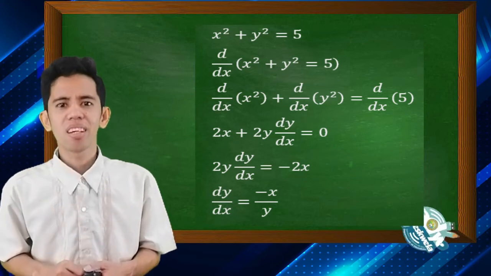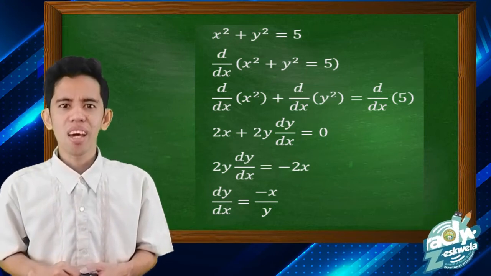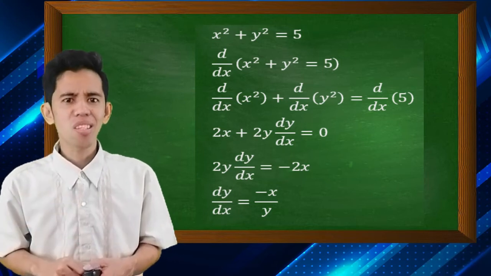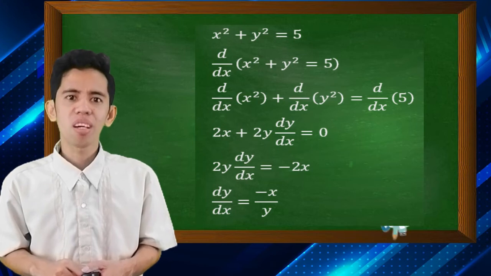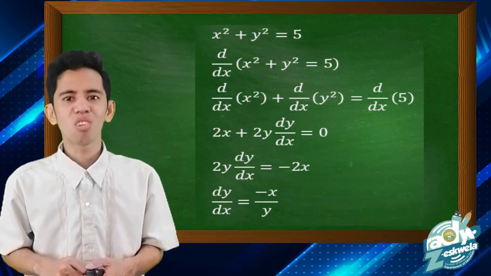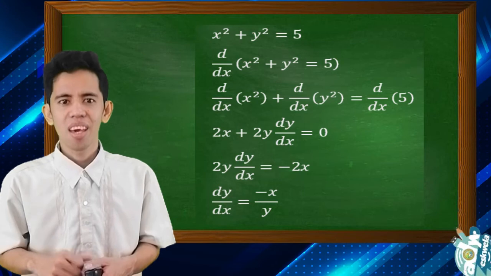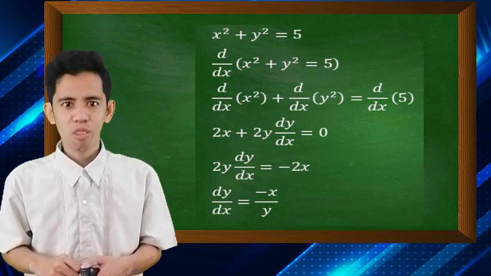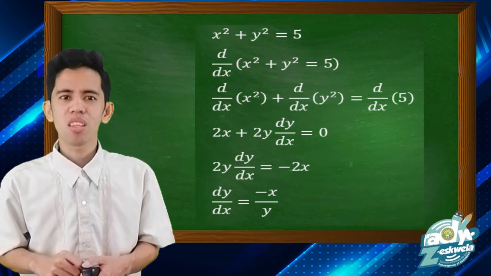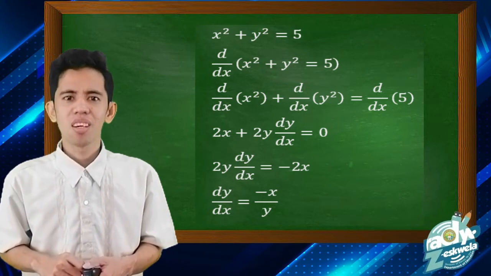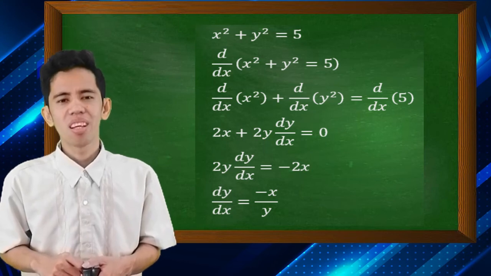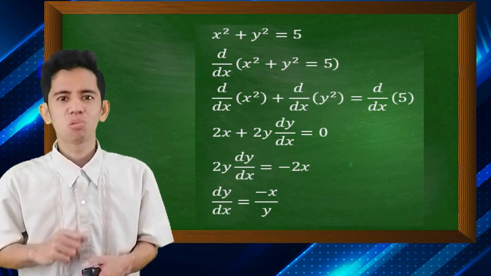5. Simplify, the derivative of x squared is 2x. The derivative of y squared is 2y times dy over dx. And the derivative of 5 is 0. So, we come up with 2x plus 2y times dy over dx is equal to 0.